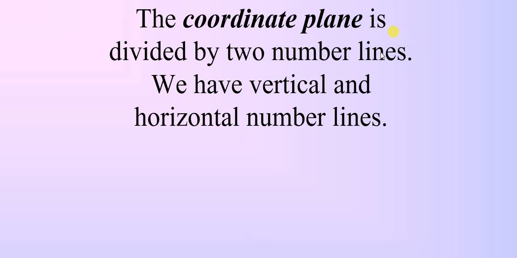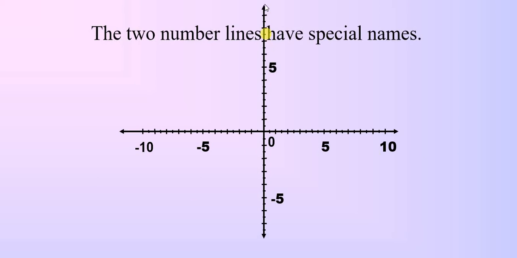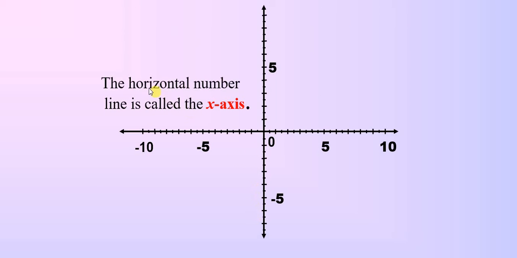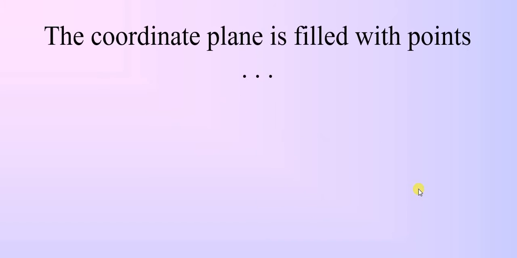The coordinate plane is divided by two number lines. We have both the vertical and the horizontal number line. So this is the horizontal number line, and this is the vertical number line. The horizontal number line is called the x-axis, and the vertical number line is called the y-axis.